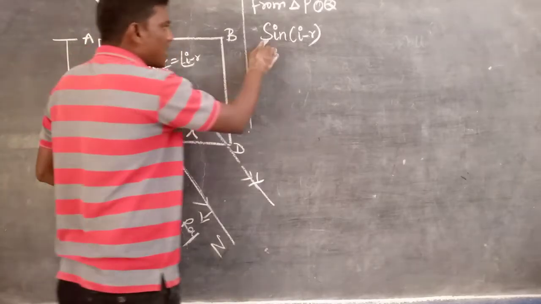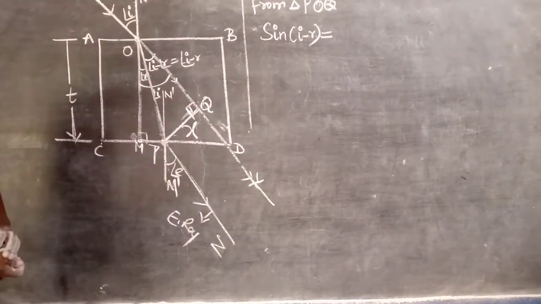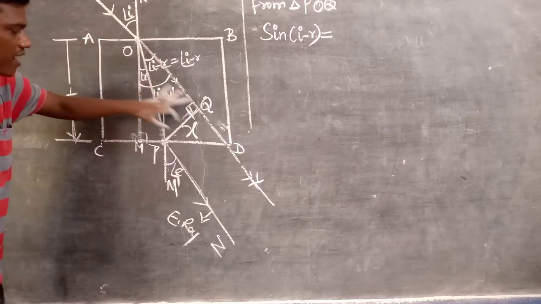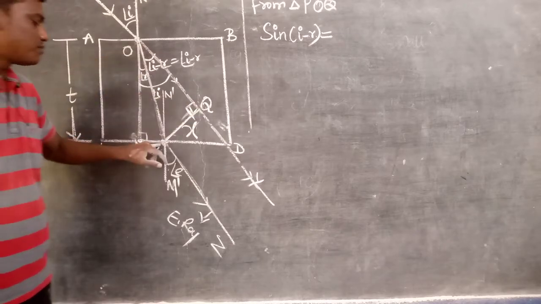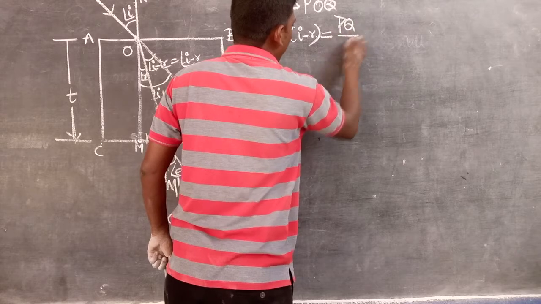I minus R. Sine of I minus R is equal to, what is the sin theta formula? Sin theta is nothing but opposite side by hypotenuse. What is the opposite side? PQ. Hypotenuse is PO. That's why PQ upon PO.